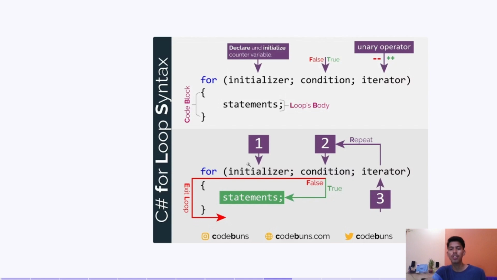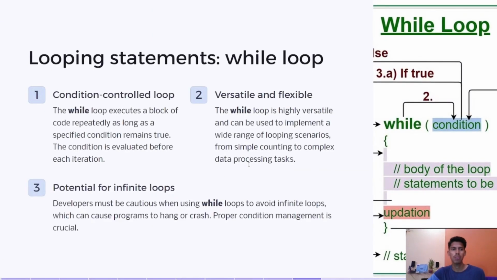So the output you get will be i from 0 to 9, since i is less than 10, the condition you have given. So it gives you the output 0 to 9. So this is the for loop.